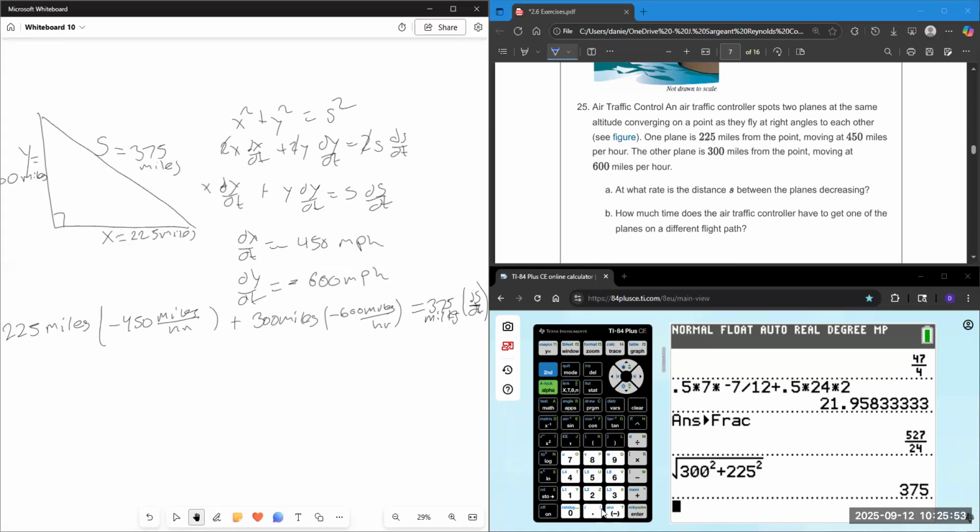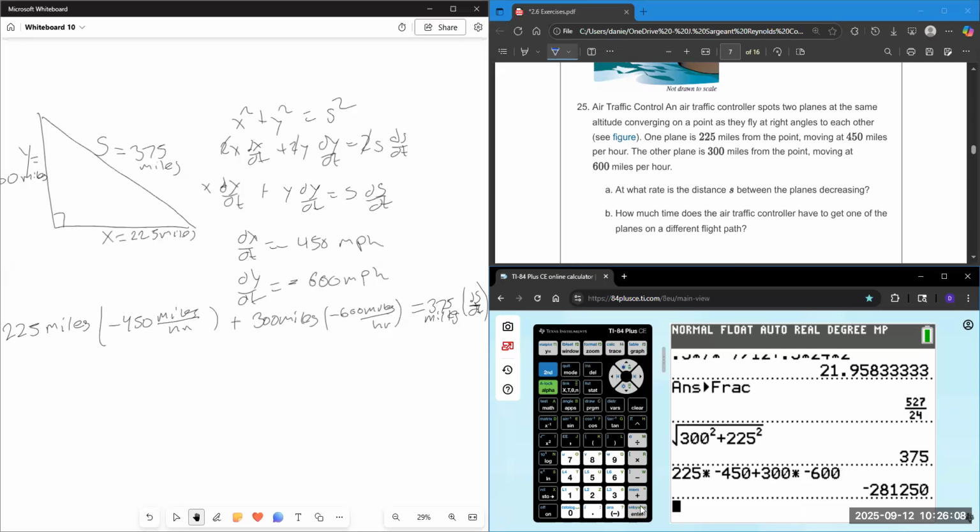So let's simplify. Left-hand side, 225 times negative 450 plus 300 times negative 600. So left-hand side is negative 281,250 square miles per hour equals 375 miles times ds/dt.